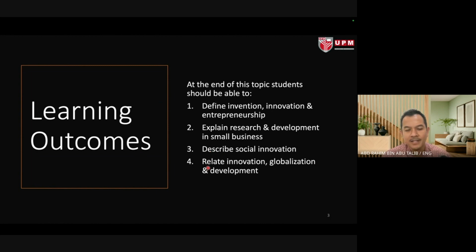And finally, you will also be able to relate innovation, globalization, and development. How innovation relates to the status of a country, what is the Global Innovation Index (GII), and how can innovation propel the quality of life and the economy of a country.